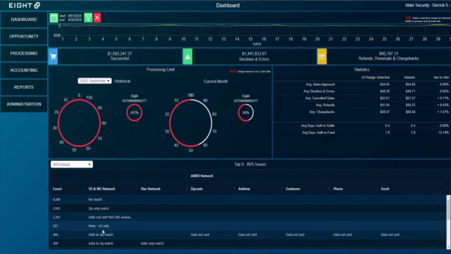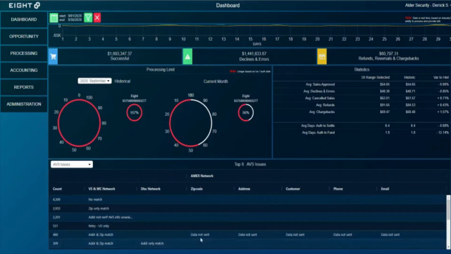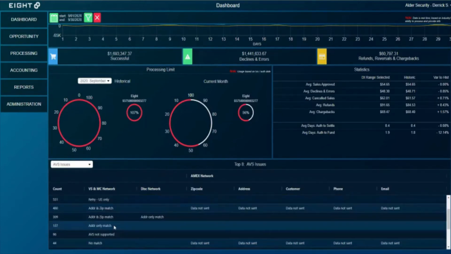You have some retries. Now, 480 times, you'll notice it was passed by the Visa Master Network, but American Express says, hey, hold on, they didn't even send data in. How did you pass this when they didn't even pass the AVS information? So American Express is disputing Visa MasterCard, but these guys trump American Express.